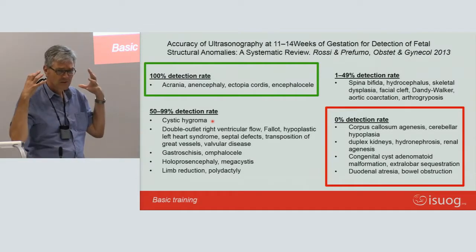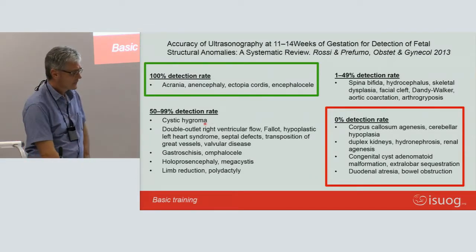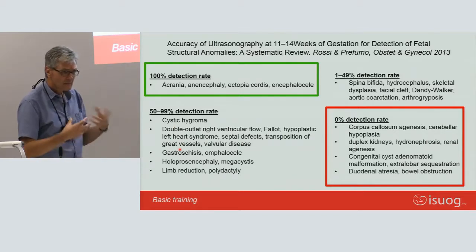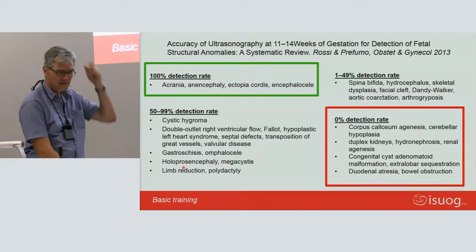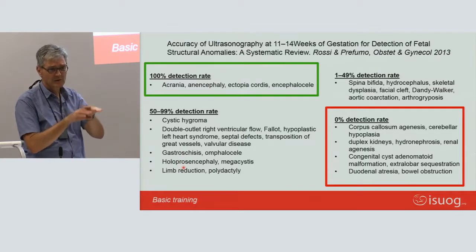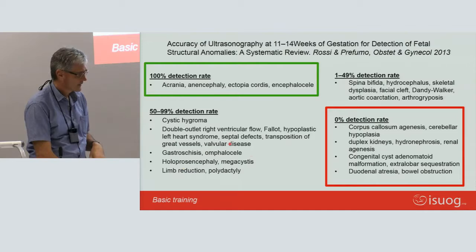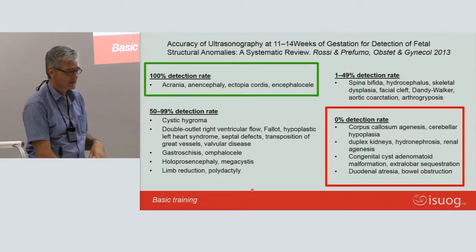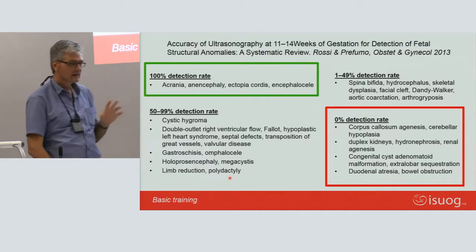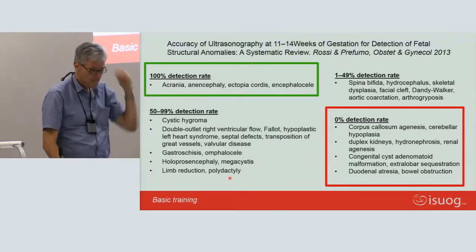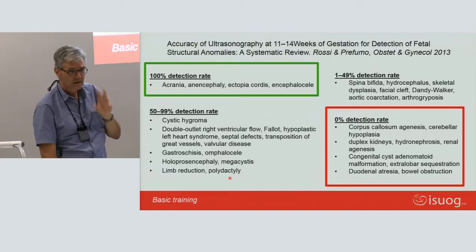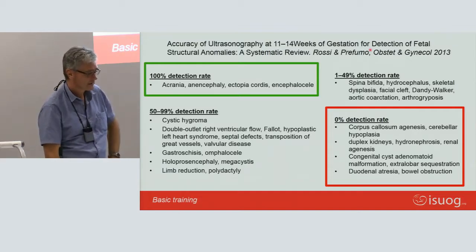Cystic hygroma, those big pockets of fluid in the neck, the really bad heart diseases, abdominal wall defects, holoprosencephaly, where the two brain halves are fused, so there's no falx, megacystis, limb reduction. Polydactyly can be detected now, and more than 50% in units that are good at this would detect it.